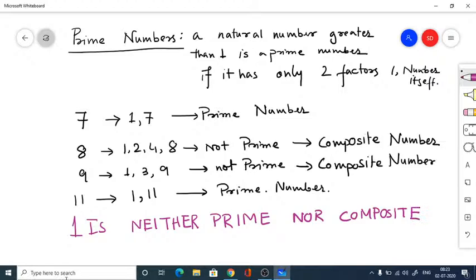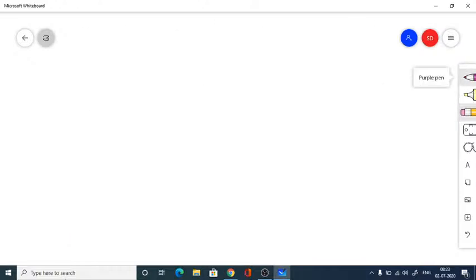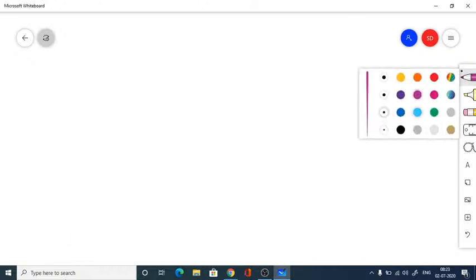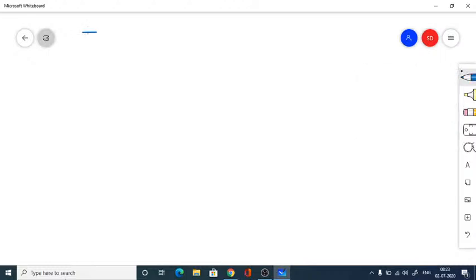Then we come to twin primes. We have twin primes and we have co-primes.